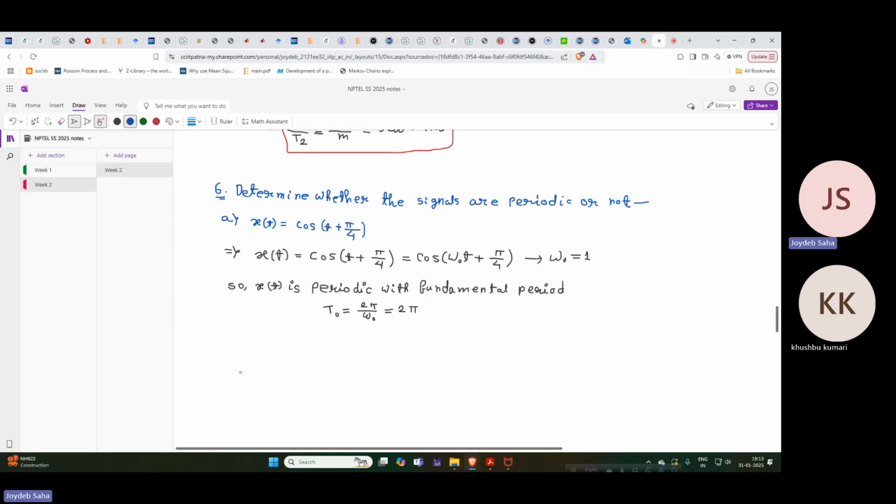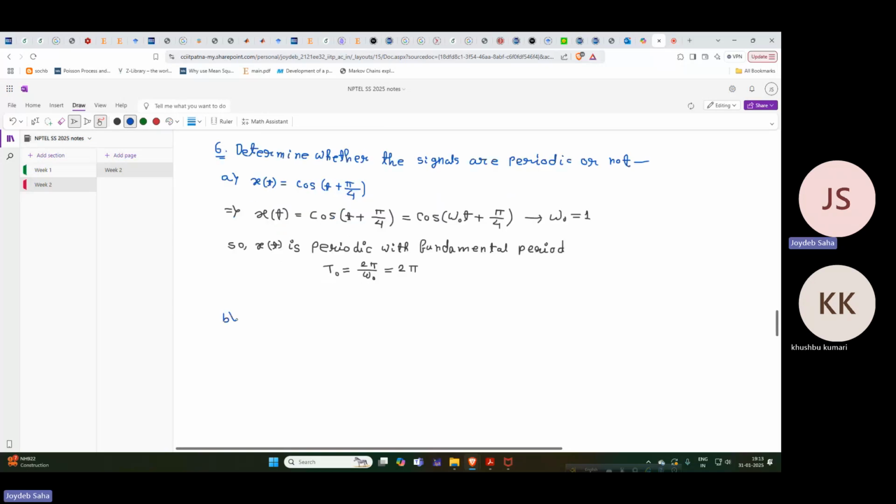Okay. Next, part B of the question. Again, determine whether the signal is periodic or not and find the fundamental period if possible. This is also a very simple question. x(t) is equal to sine of 2 pi by 3 into t.